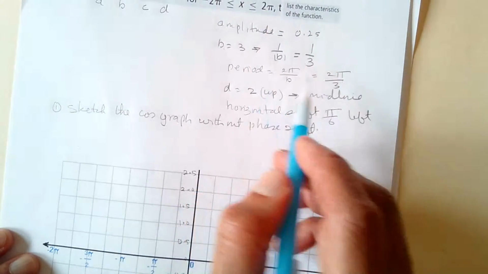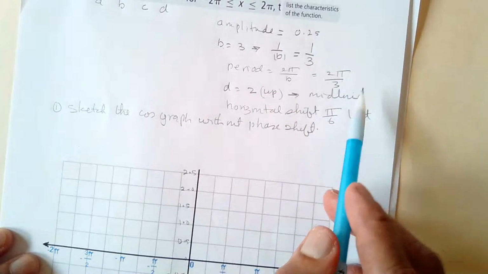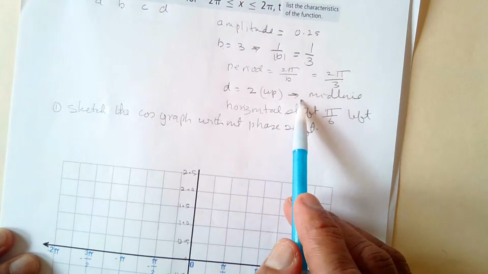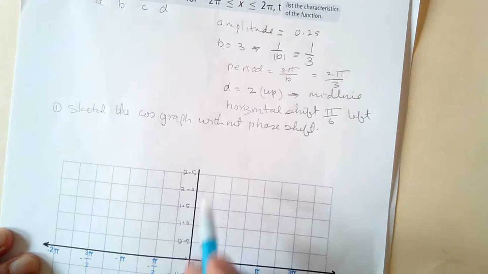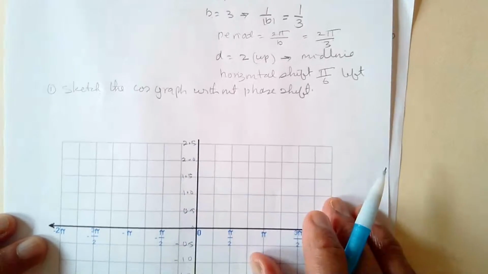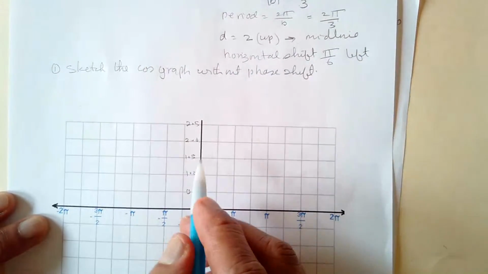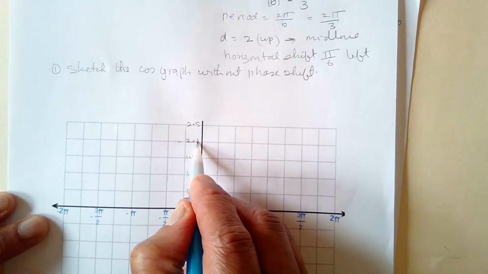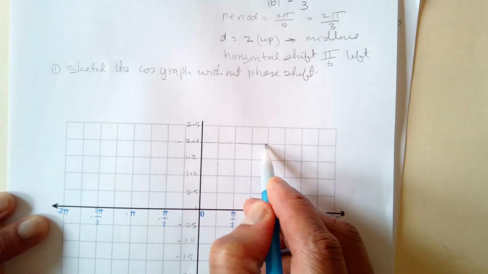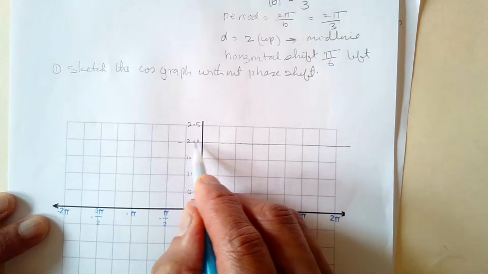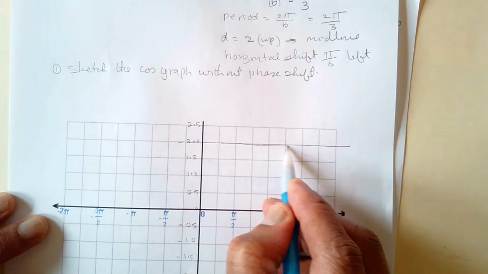Notice our midline is at 2, so this is our new midline. I'll just put a line here to indicate my new midline. It's a guide, not part of the graph.